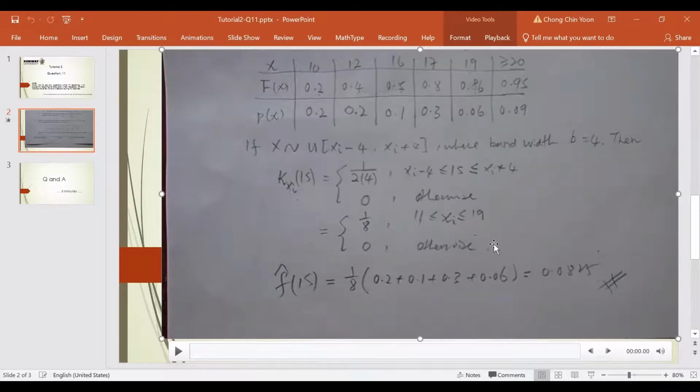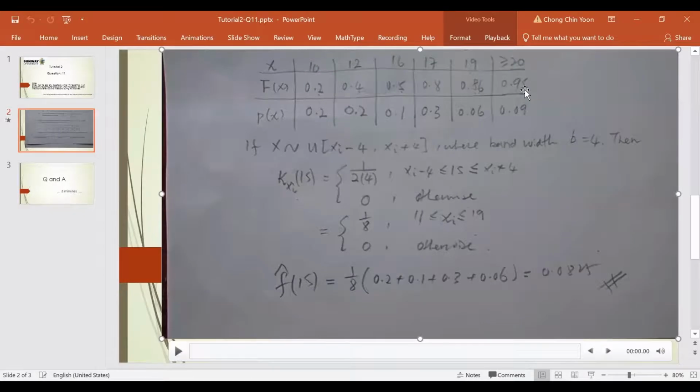Okay, class, for this problem, you are given the CDF, so you have to calculate the probability here. This is the individual probability, this is the accumulated, right? So you should know how to calculate, right? 0.4 minus 0.2, you will have 0.2. 0.5 minus 0.4, you have 0.1. You may be surprised because the total probability, the CDF, at 20 or more is not 1, it's 0.95 here.